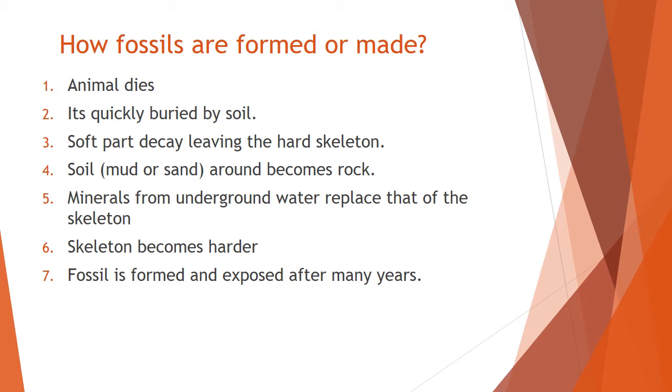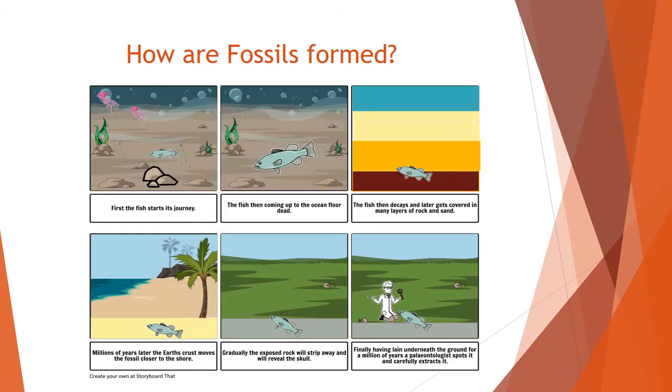The fossil is formed, and then after so many years, through some activity like digging, the scientists discover some of these fossils, just like what they did with the dinosaurs. They got to know that dinosaurs used to live on Earth when they dug up and identified their fossils. This is a flow chart diagram of how fossils are formed, taking a fish as an example.